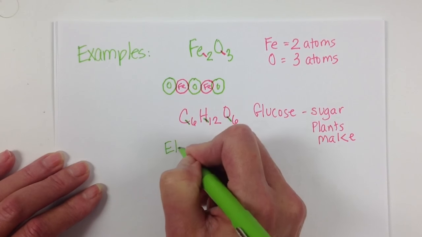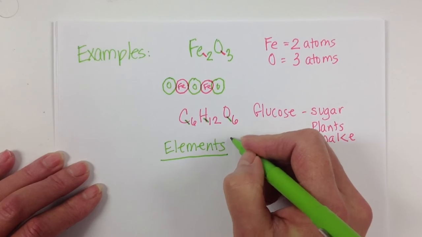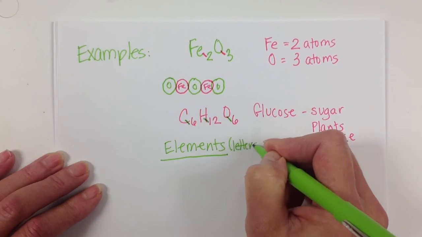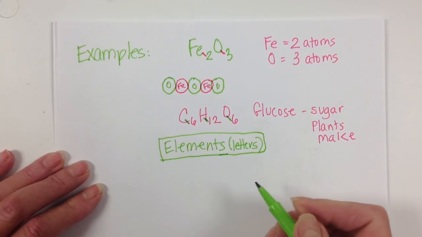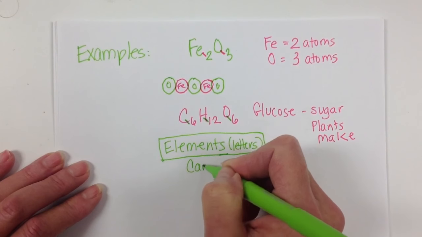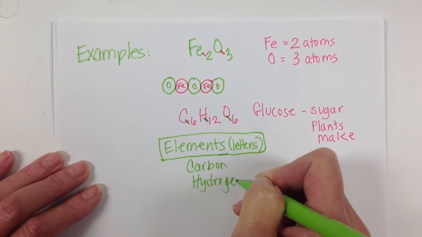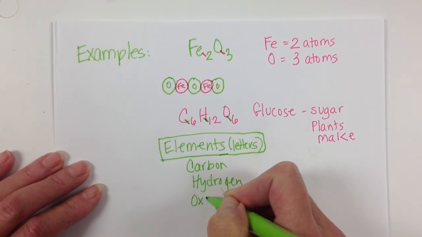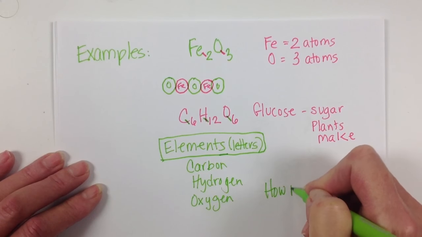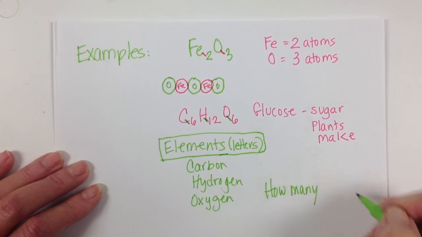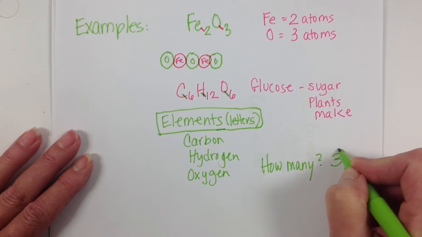What elements are present? Remember, your elements are always your letters, all right? Every capital letter starts a new element. So what elements do we have? Well, we have carbon, we have hydrogen, and we have oxygen. So how many elements total? We have a total of 3 elements here.